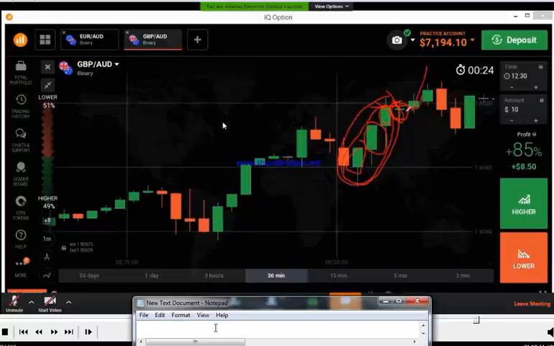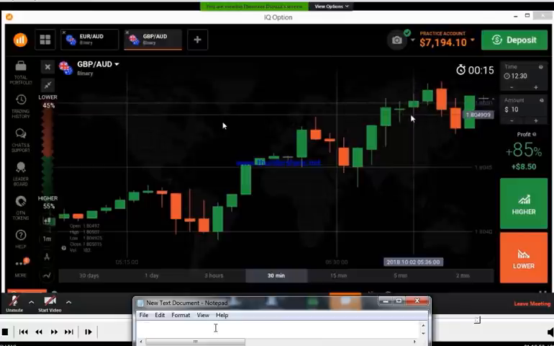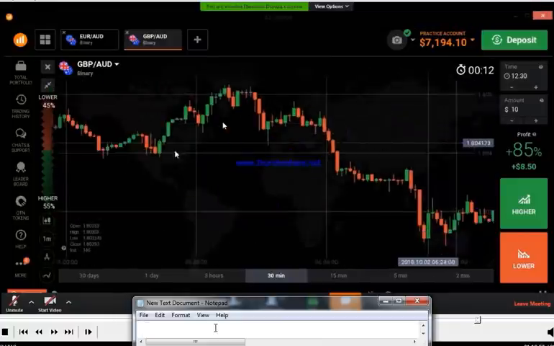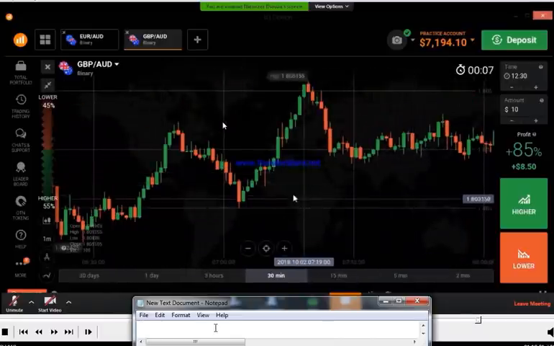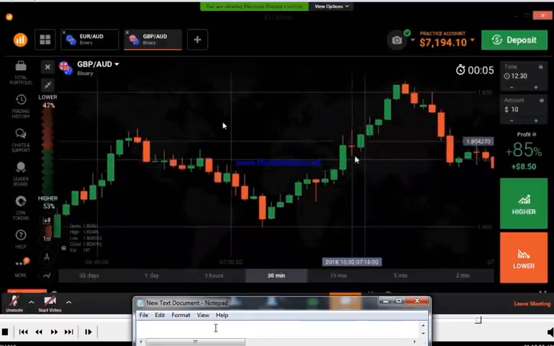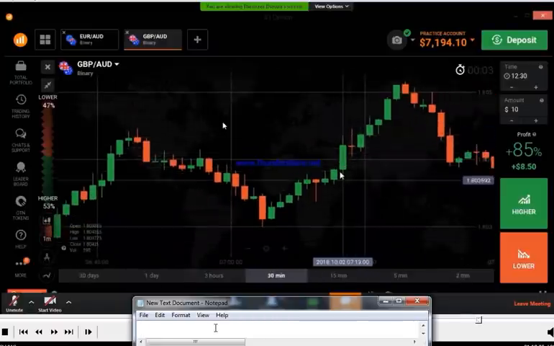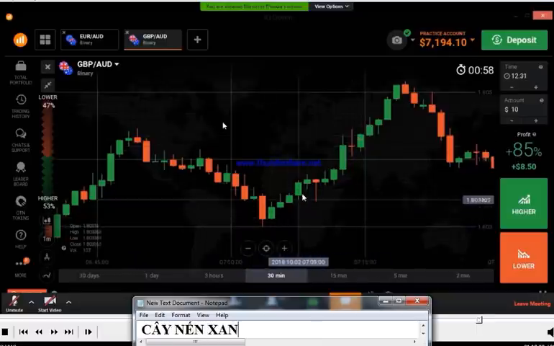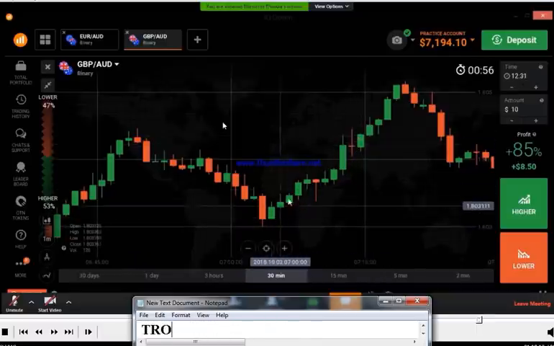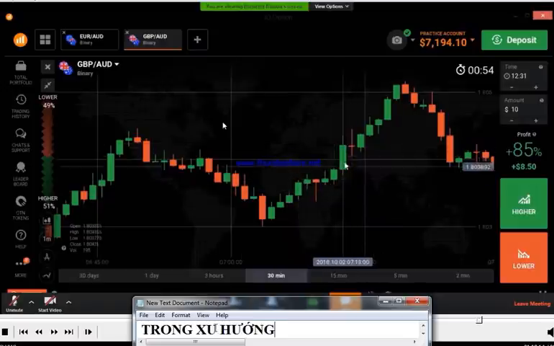If you find the spinning top, you need to analyze the market before taking a decision. After the spinning top, I will show you one more example. So you can see here, this is a spinning top candle, this is a very strong candle. You can see this is an uptrend, right? This is an uptrend, strong bullish movement.